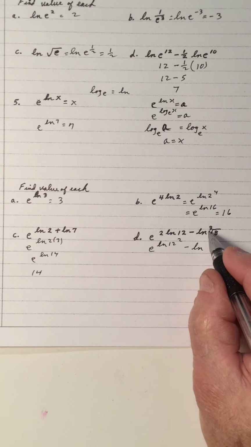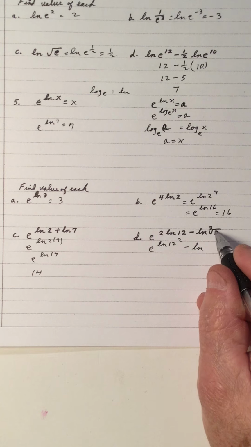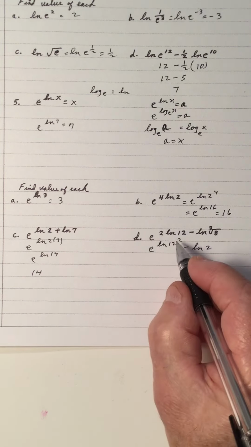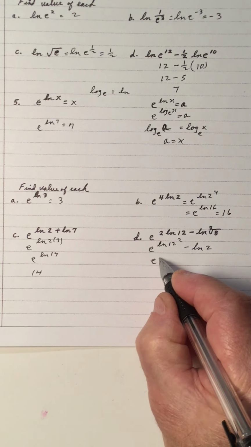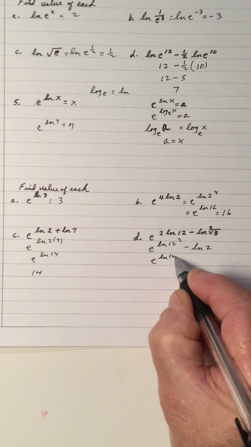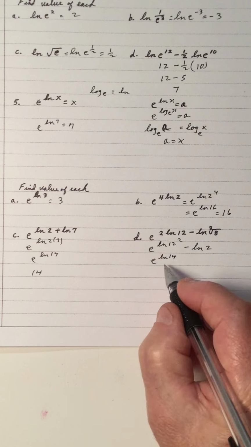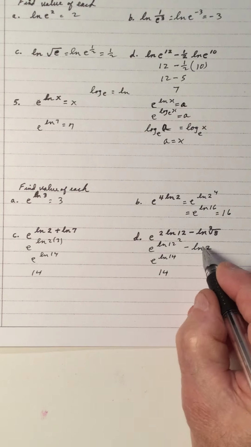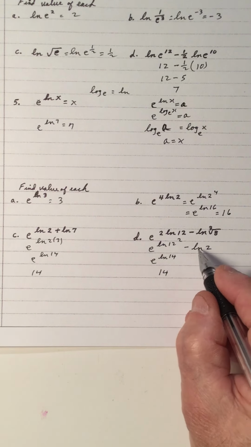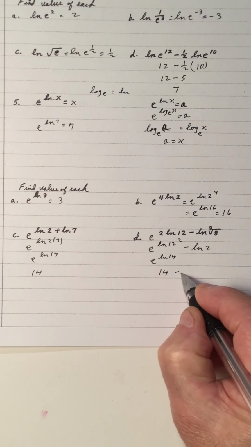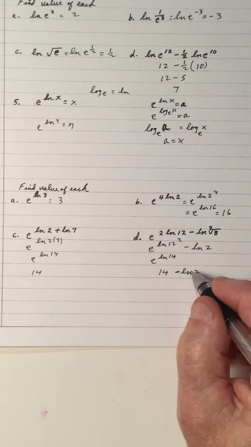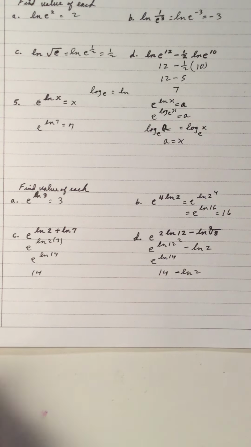Now the ln of 8 cubed, the cube root of 8 is 2, so the ln of 2. Well, there's no exact answer for it. So 14 subtract ln 2.